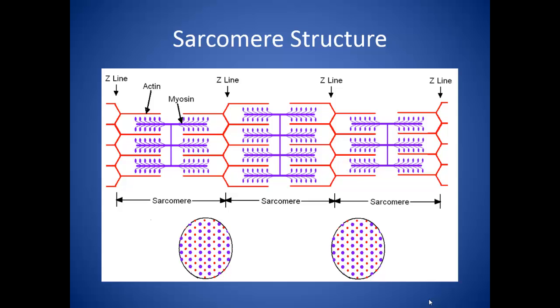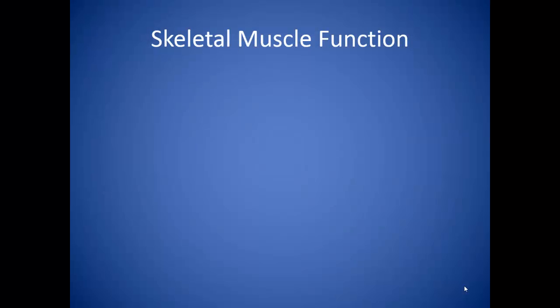And you can see that each myosin is surrounded by actin and each actin is surrounded by myosin. So just wanted to include that to show you a different perspective so that you can understand the spatial relationship between these filaments. From here on out, though, we're going to look at the side view that's represented in the top part of this diagram.